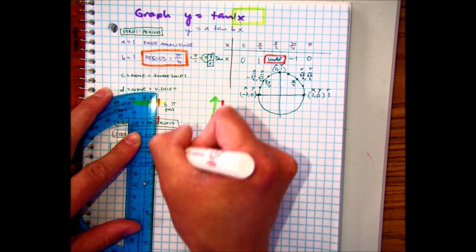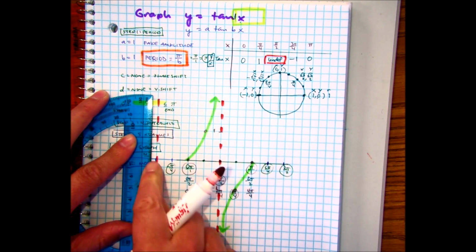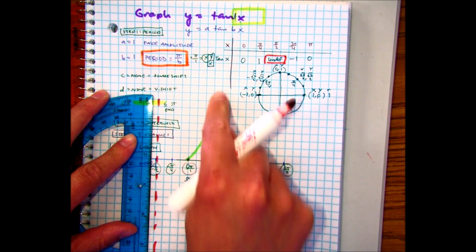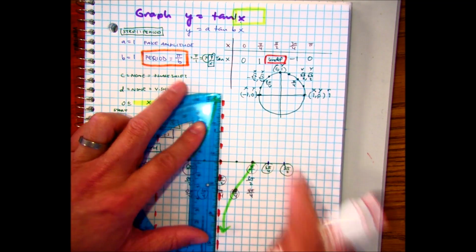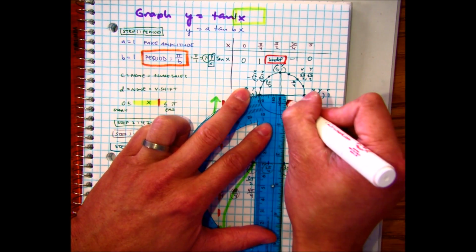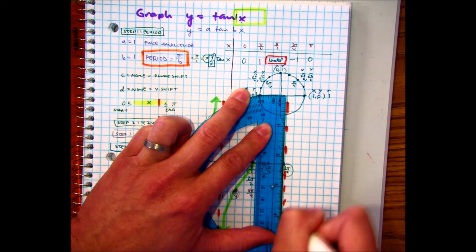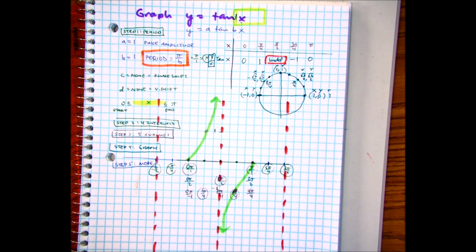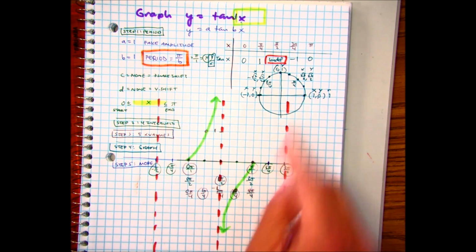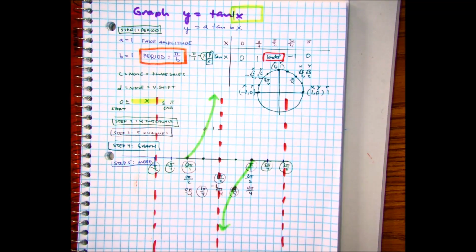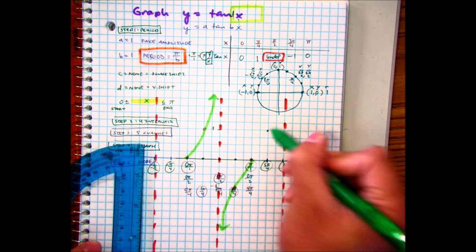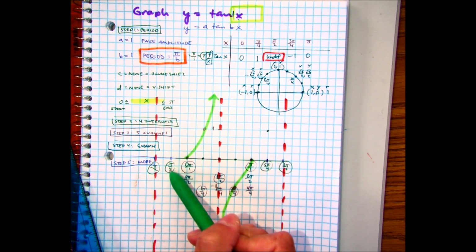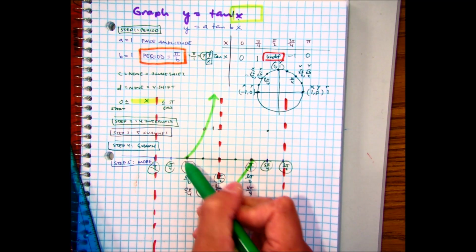So basically every 5th point, 1, 2, 3, 4, 5, is an asymptote. If you use the unit circle, you'll find that at 5 pi over 4, it's going to be 1. And over here at negative pi over 4, it's going to be negative 1.